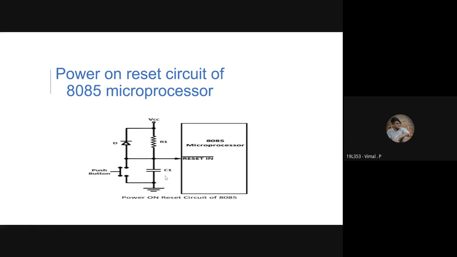When we push this push button for at least 75 milliseconds, that is 3 clock cycles, this RC network gets activated, and it pushes the current to the reset in, and it performs the reset task, which brings the microprocessor to the original memory 0000H.